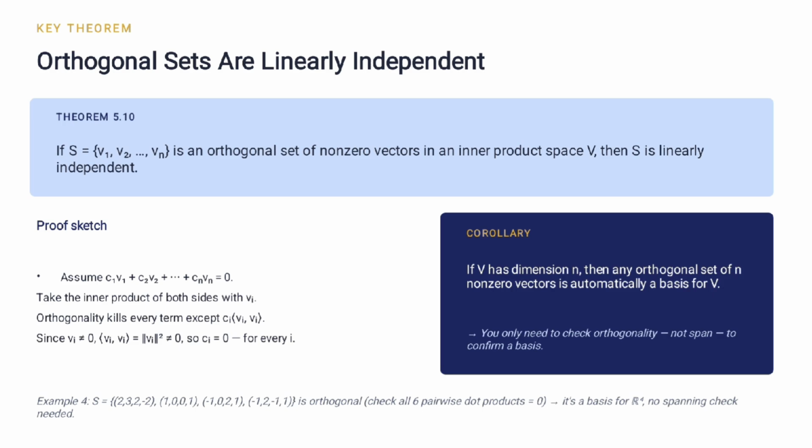Only one coefficient remains. And since the vector is non-zero, that coefficient must be 0. Repeating this for every vector shows that all coefficients are 0. So therefore, the set is linearly independent.